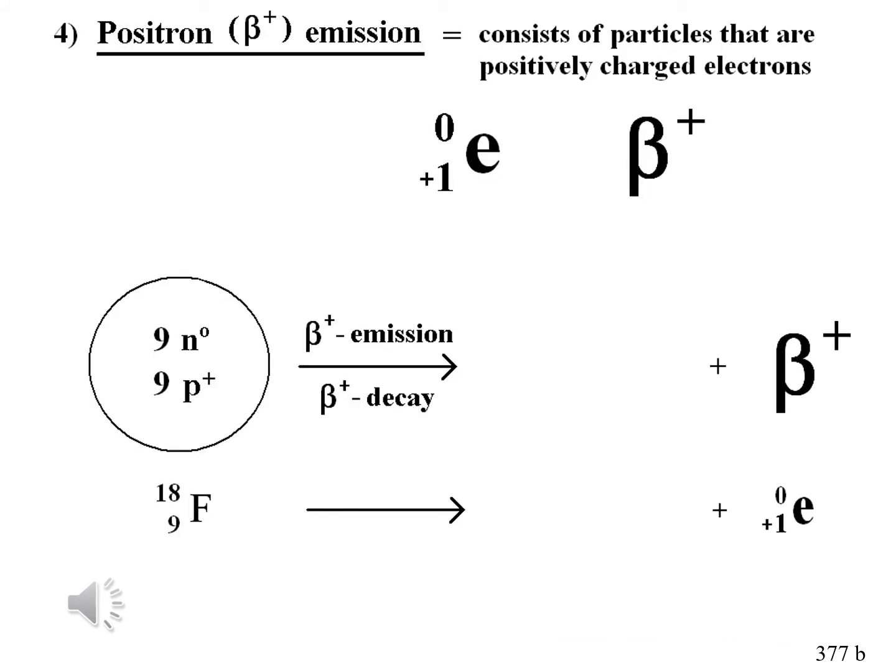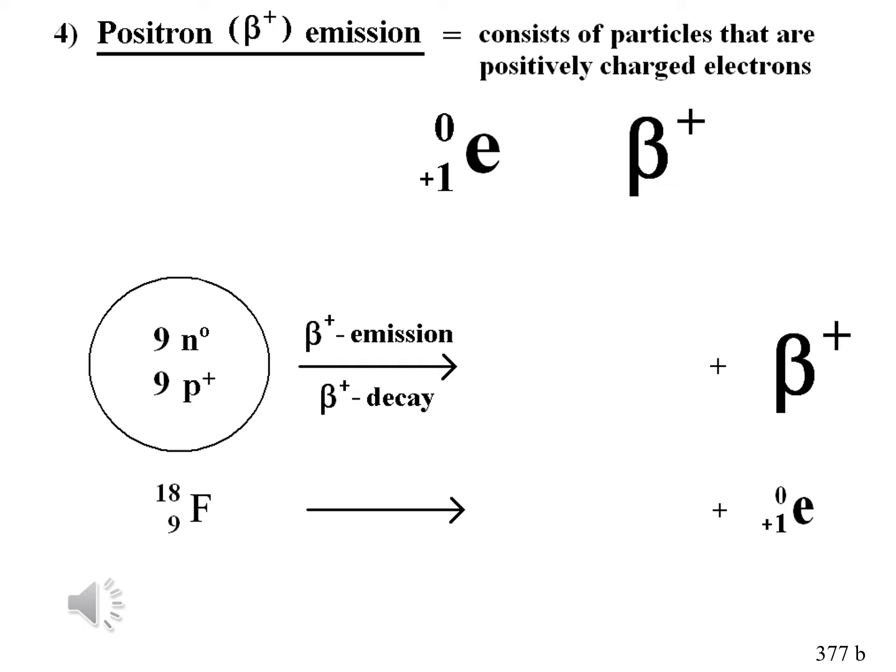The nucleus I want to show that does positron emission is fluorine-18, because this is also the isotope that they use in medicine in what are called PET scans, positron emission tomography. And if you look at what fluorine-18 is, it has 9 neutrons and 9 protons. If it gives off a positron, what's actually happening in the nucleus?